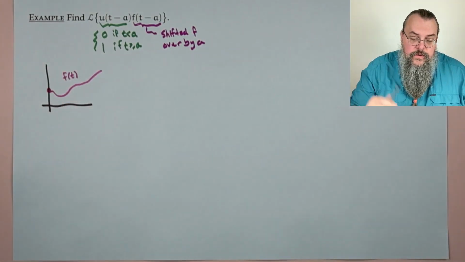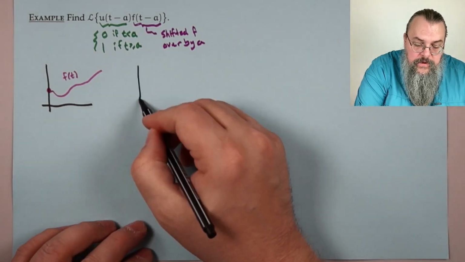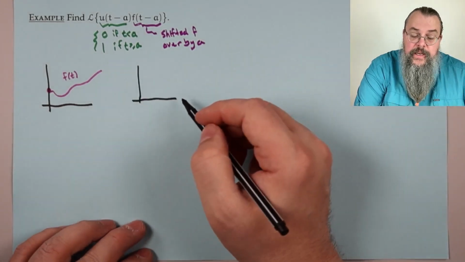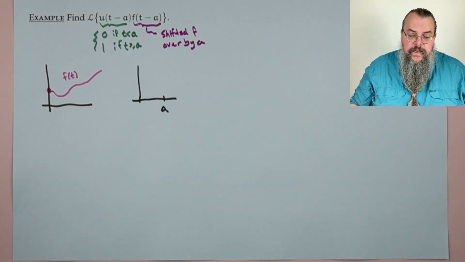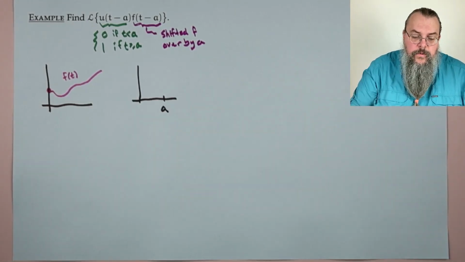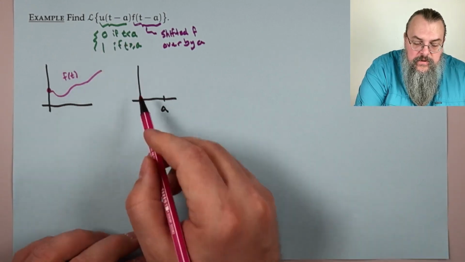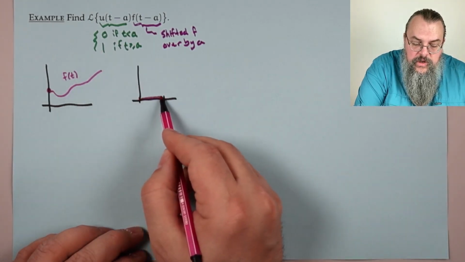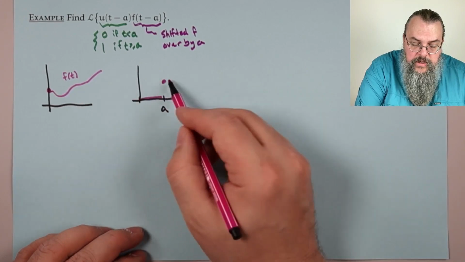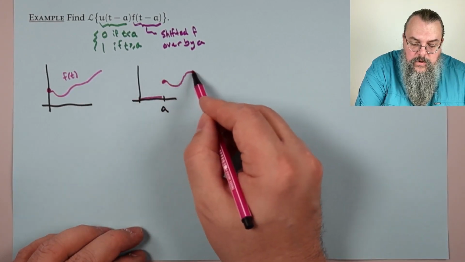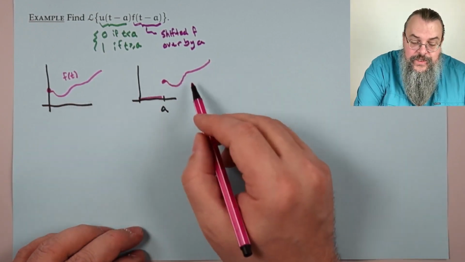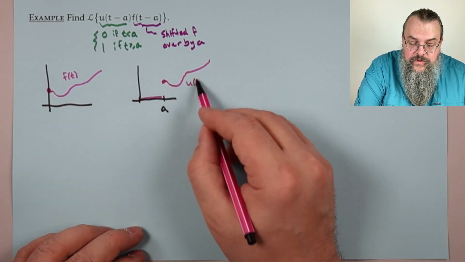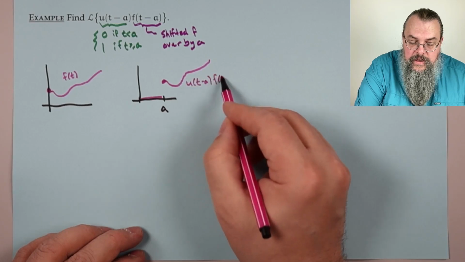Now, when we graph u of t minus a, f of t minus a, we identify a, and what's going to happen? Well, we're going to be 0 up to a. So we're 0, and then we jump up, and we follow the same behavior. So in other words, these are the same, it's just shifted over. So this is u of t minus a, f of t minus a.